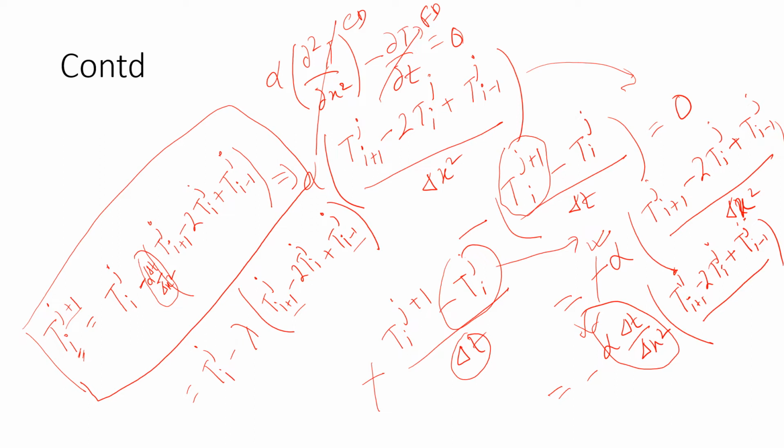So with the help of the values of temperature at the nodes i plus 1, i and i minus 1 at the initial time, we can know what will be the temperature at the node i after del T.